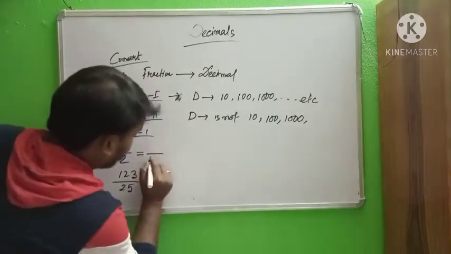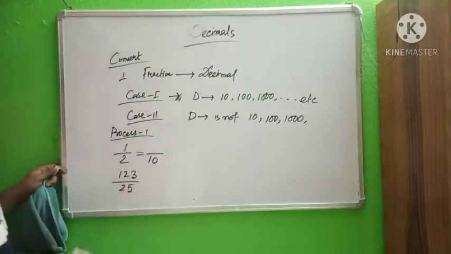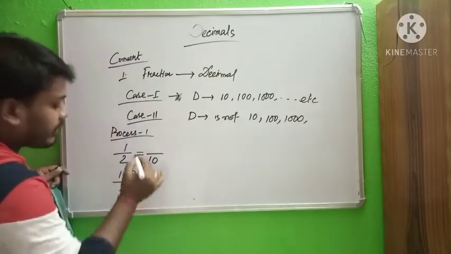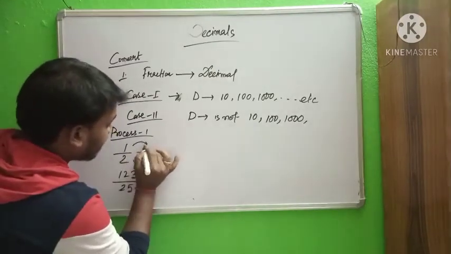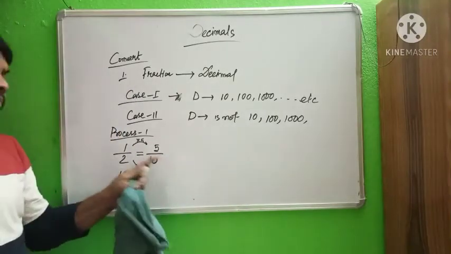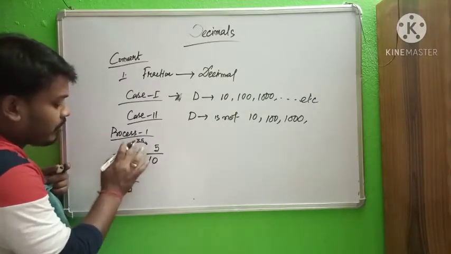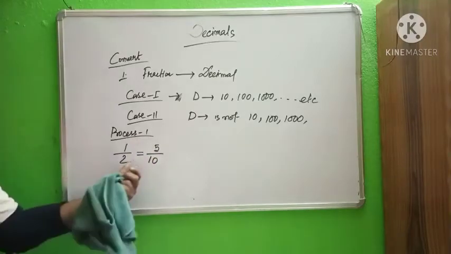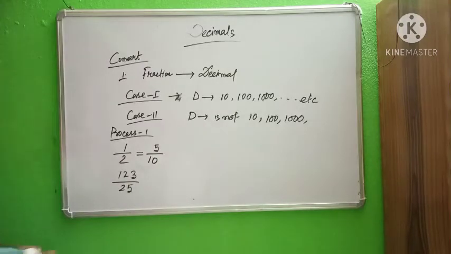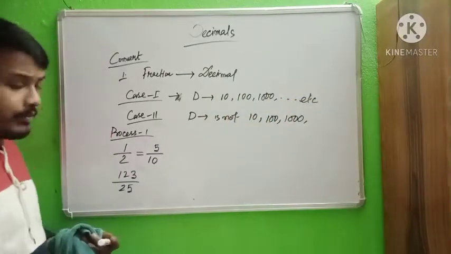So we make the denominator 10. The equivalent fraction is multiplied by 5, so the numerator is also multiplied by 5. So 5 by 10. 1 by 2 and 5 by 10 have the same value. We multiply numerator and denominator by 5 to convert the denominator to 10, 100 or something.